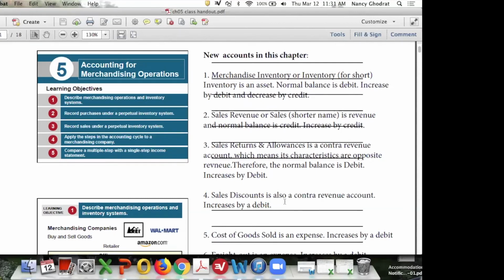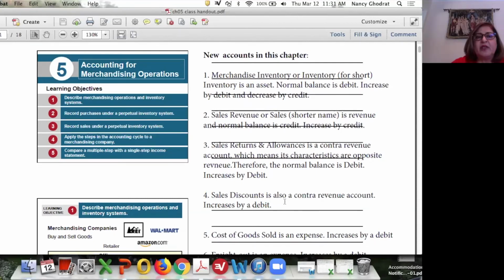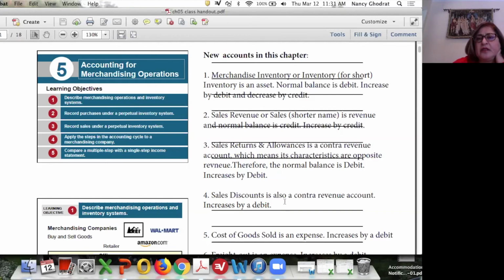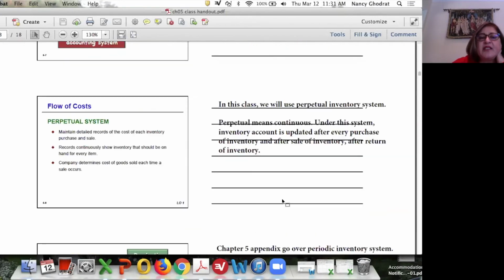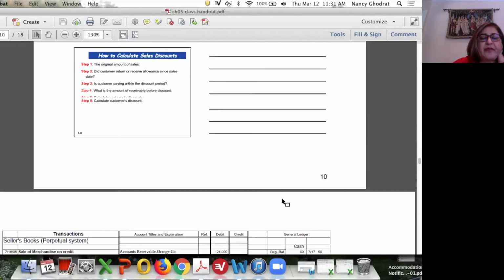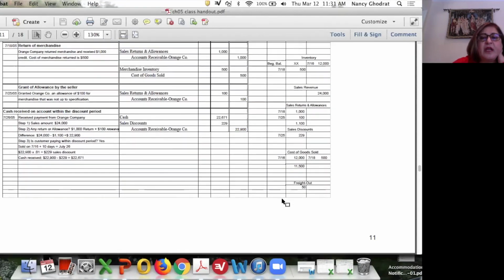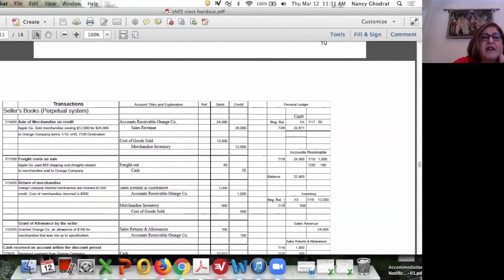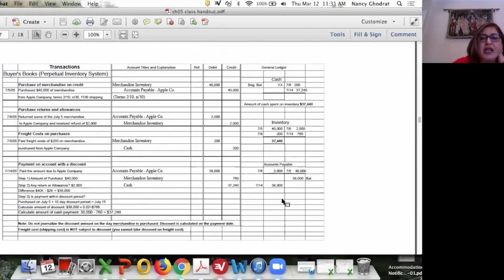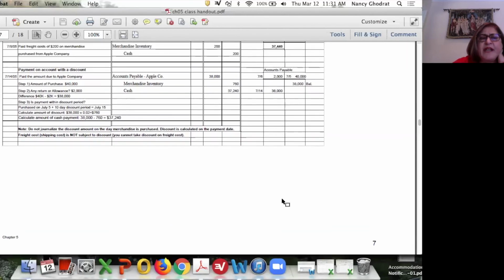You can see the first, it says accounting for merchandise operation and has typed on your handout. Okay, excellent. So let's go to page, oopsie. First of all, if you look at page 11 of your handout, not 11, I'm sorry, not 11. Page, do you guys have your handout with you?